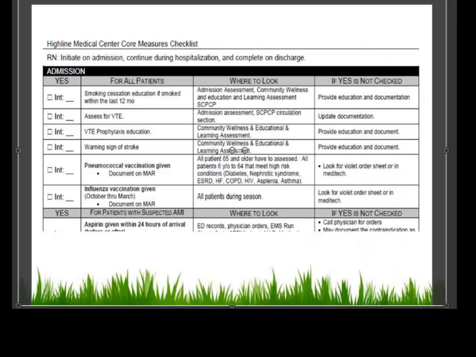The core measure checklist currently at the printer has been updated to include reminders about assessing for VTE on every patient, and there's also a section there for VTE prophylaxis education in case the patient has risk factors.